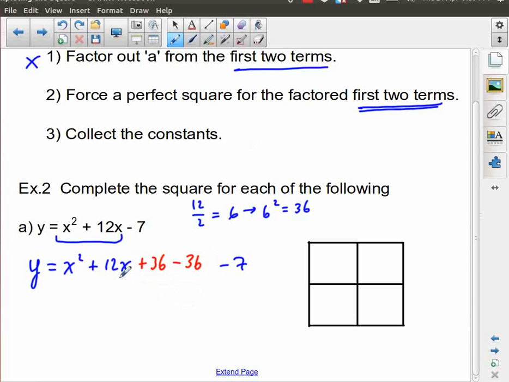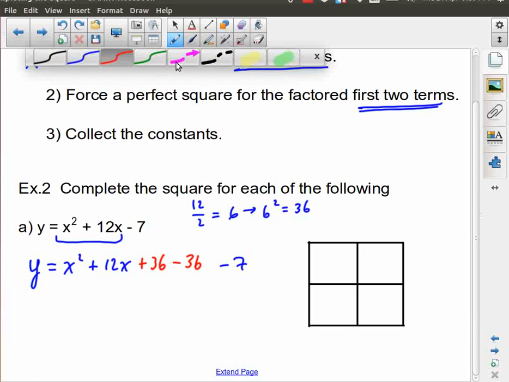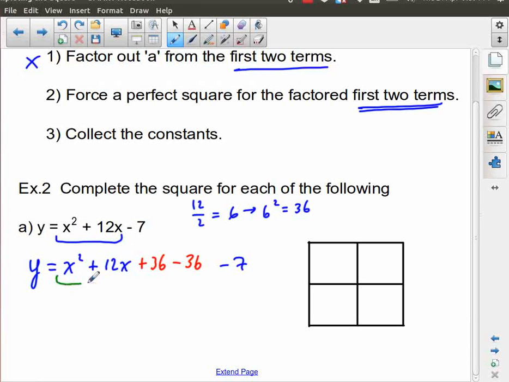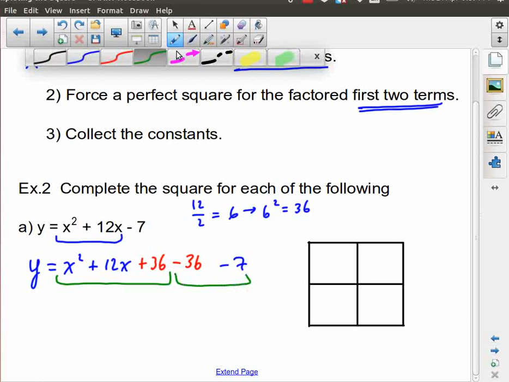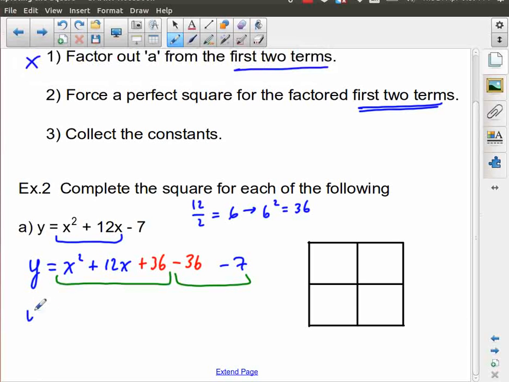But because I've done this, in these first three terms I've actually created a perfect square. So now I'm going to look at this in two different pieces. The first piece is x squared plus 12x plus 36. Now if you need to, you can go over in some rough work and factor that.